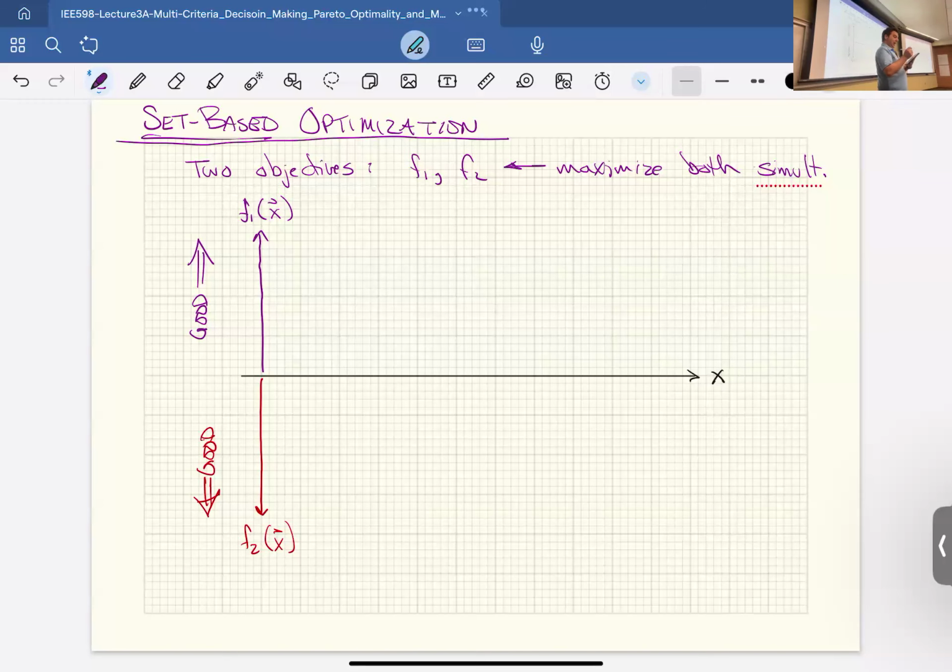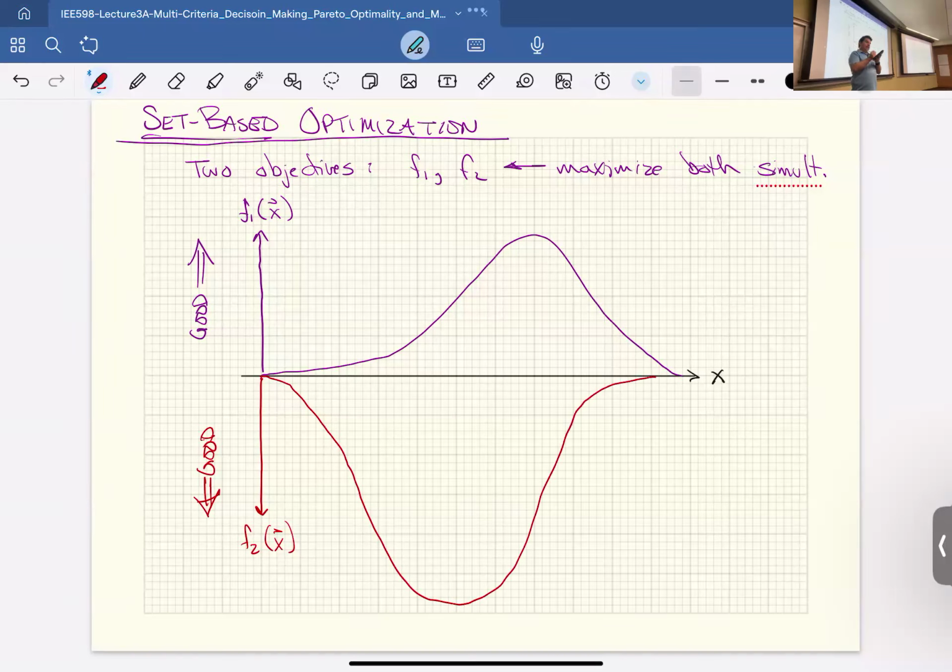Okay, so let's just say that my f1, if I plot it against x, looks something like this. And let's then say my f2, if I plot it against x, and you remember I'm plotting it going down, but it's just to put them on the same axis together. So I'll plot it, and it's also hump shaped with the humps in a different spot. Like that. Yeah, I think that'll work.